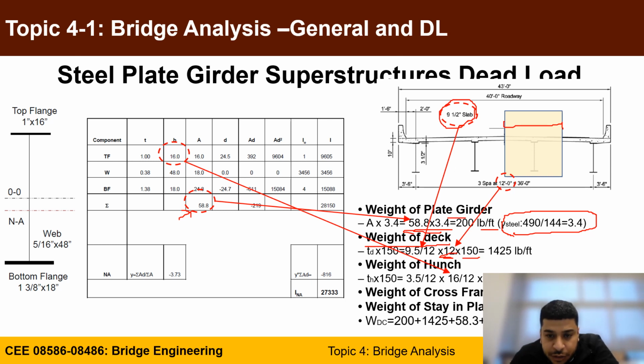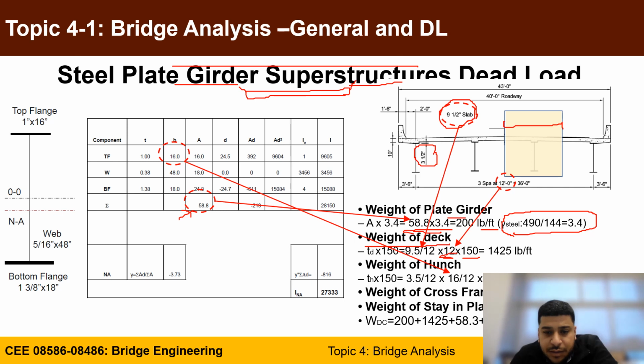The haunch here, you can see a 3.5-inch haunch. If you have a top plate girder, you have to get a haunch to reach through the thickness of the deck.